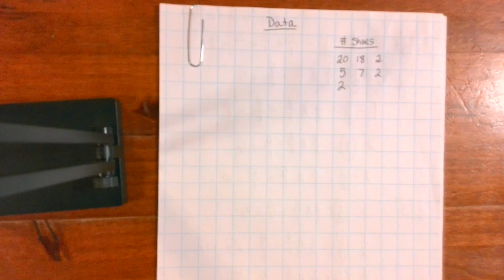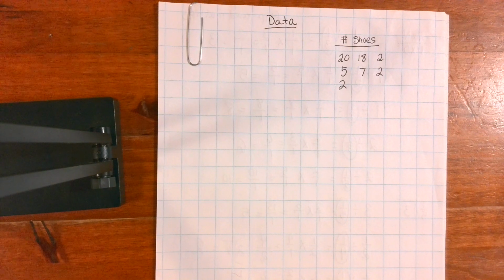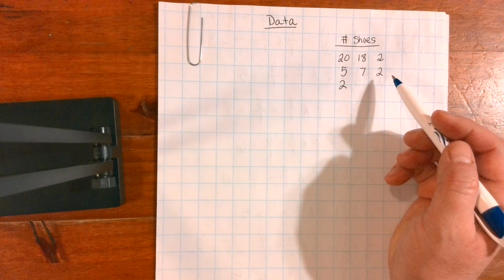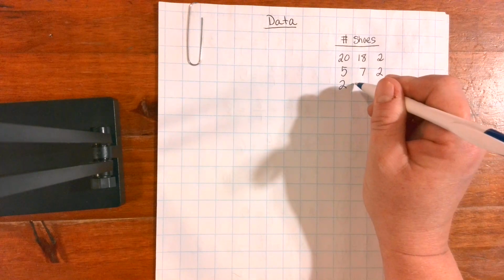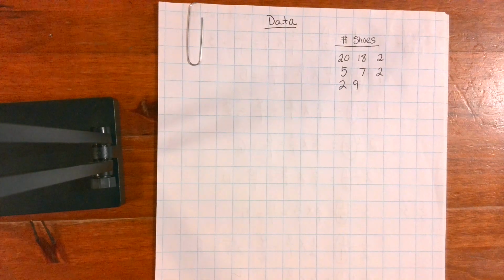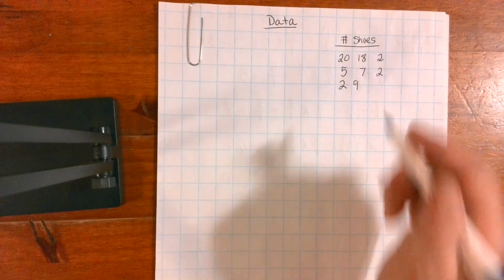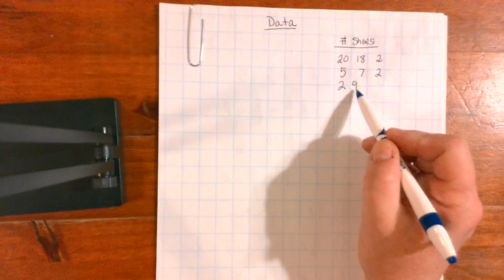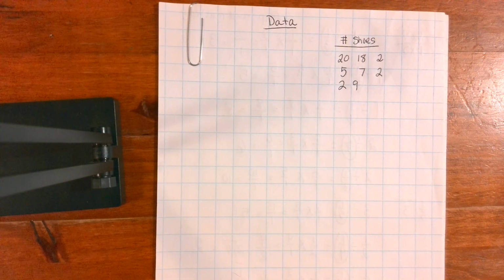All right. Let's do one more. All right. So we have 1, 2, 3, 4, 5, 6, 7, 8 points of data.